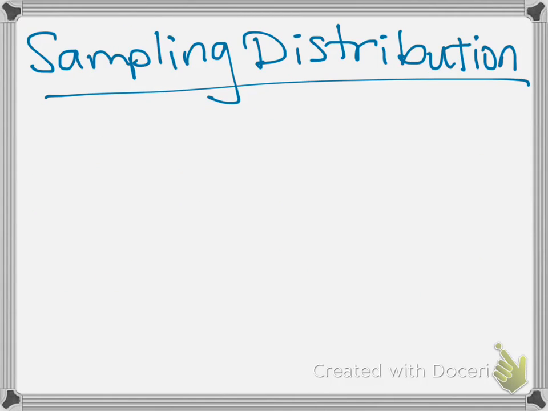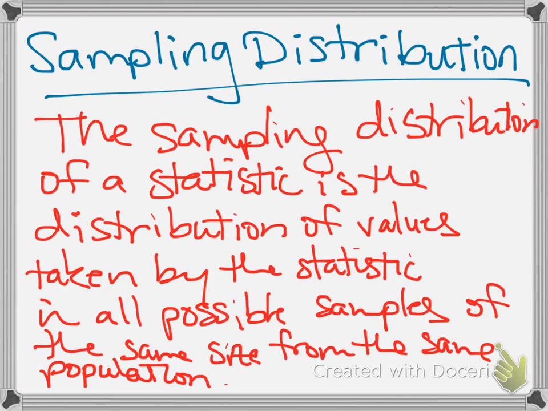So the last thing we need to talk about in this video is this idea of a sampling distribution. A sampling distribution simply tells you the distribution of outcomes for various sampling events. So here's the definition of a sampling distribution that's given by your book.